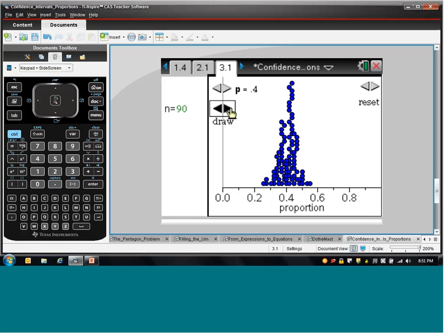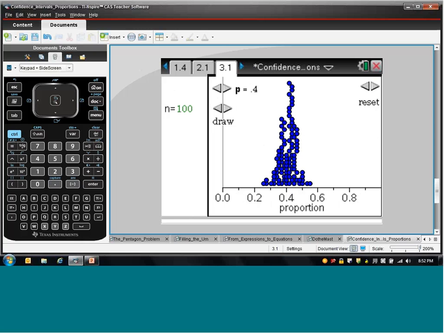And the question I actually have here is, does my 0.45 look like it fits? And it seems like 45% would be a logical candidate to have occurred if the true population proportion were 0.4.